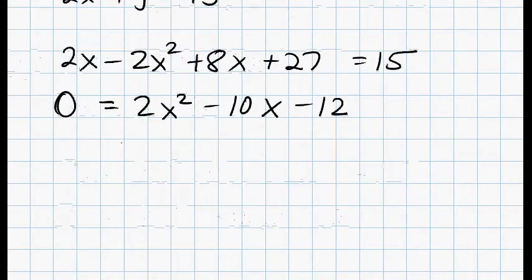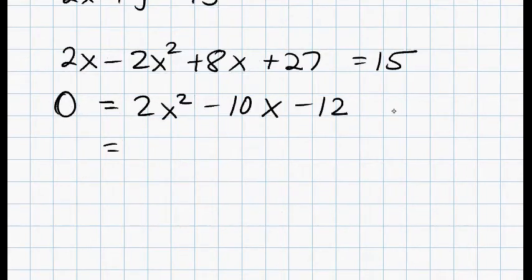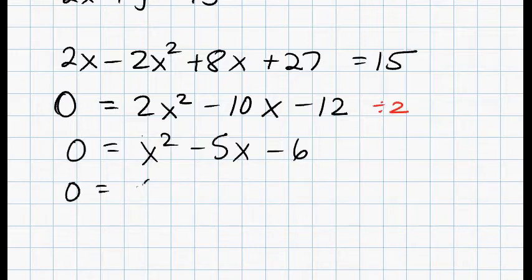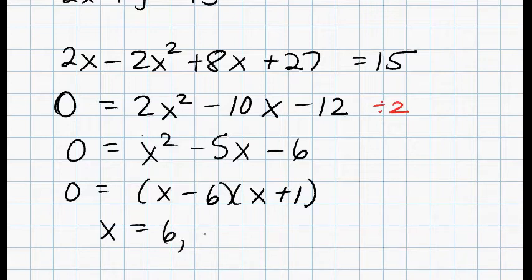Again, that can all be divided by 2, so you might as well do so. X squared minus 5x minus 6, which you can factor. So x should equal 6 and negative 1.